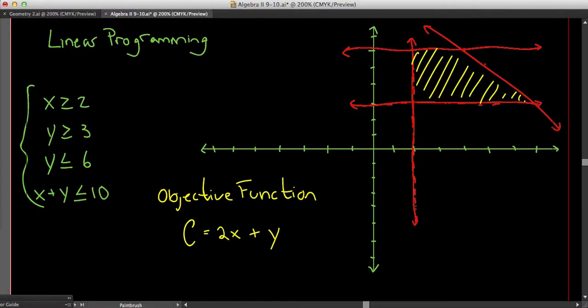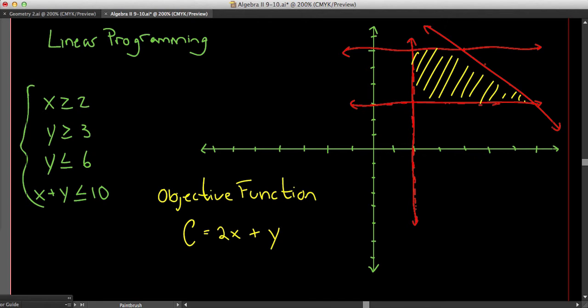So what we want to do is take these different values of c and different y-intercepts and use that to create different variations of the objective function to minimize and maximize over our feasible region. The way that we're going to minimize it is when we get an objective function that is closest to the origin, and the way that we can maximize it is one that is furthest away.